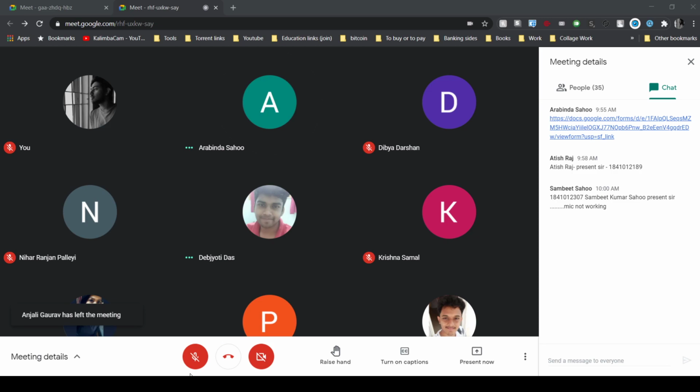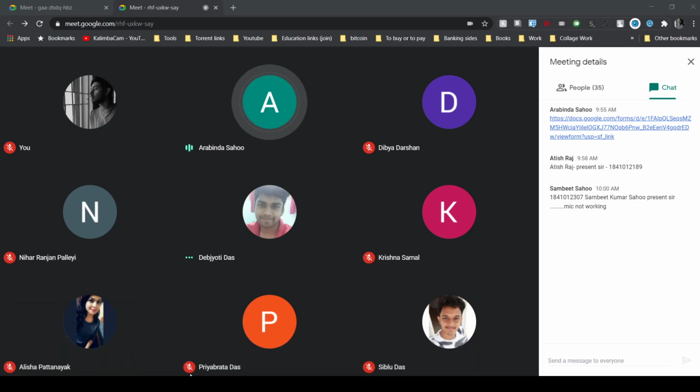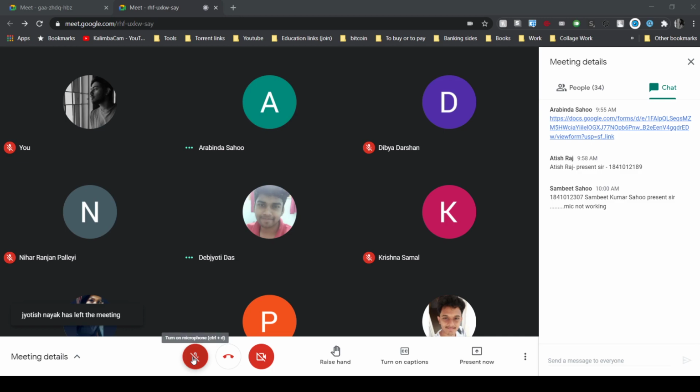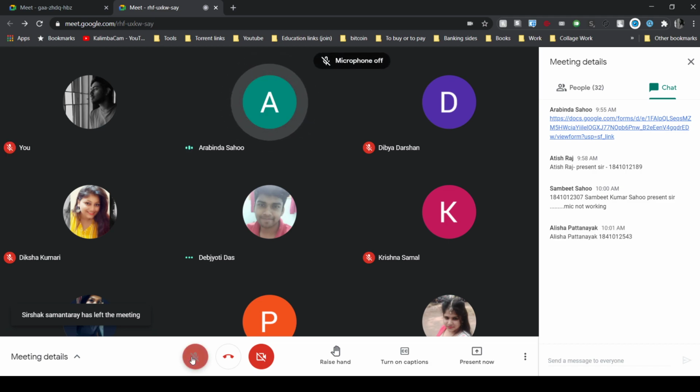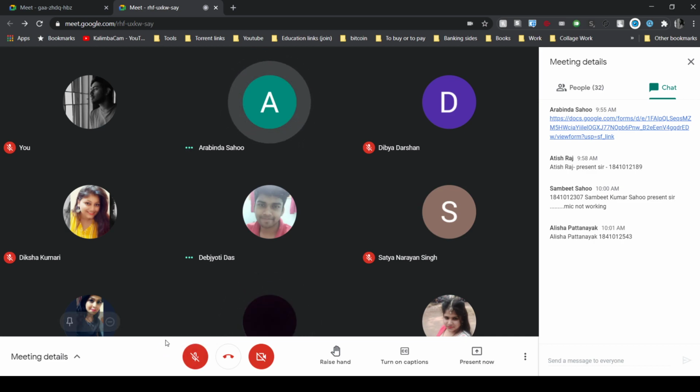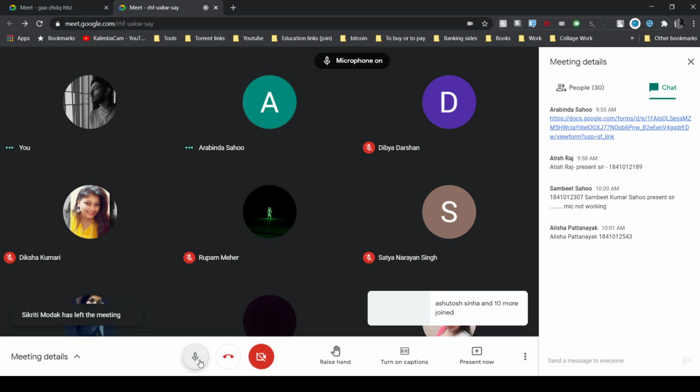Diksha Kumari, present, sir. Amrit Kaur, present, sir. Rajesh Kumar Padi. Satyanaran Singh, present, sir. Prajwal Kumar, yes, sir. Rupam Kumar Meher, yes, sir. Sir, Sambit Kumar Sahu present, sir.